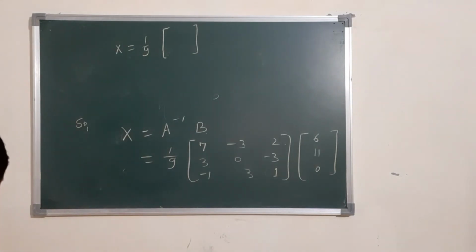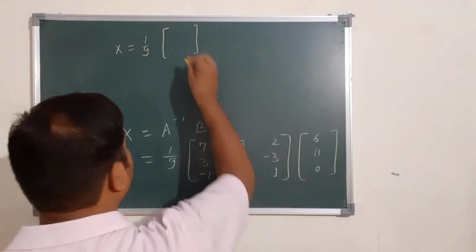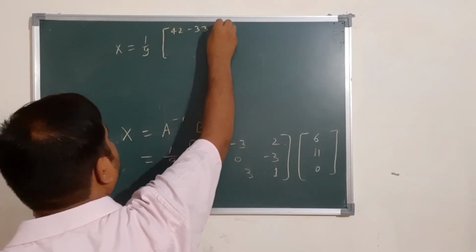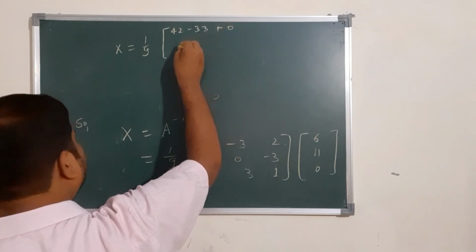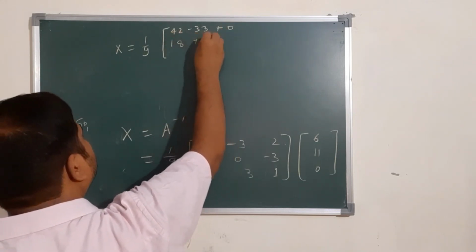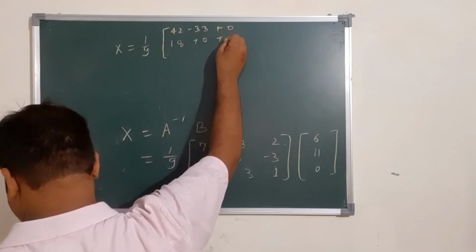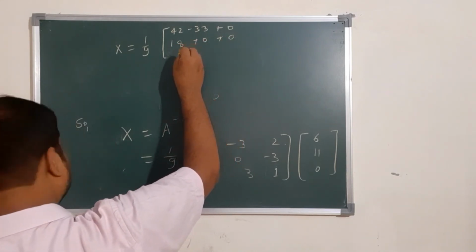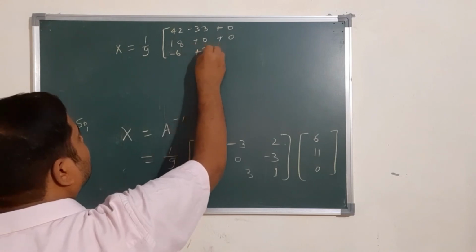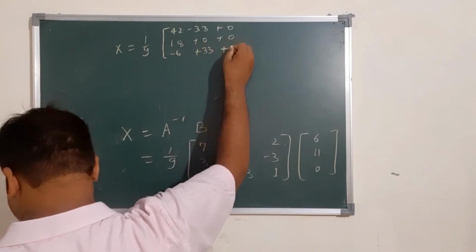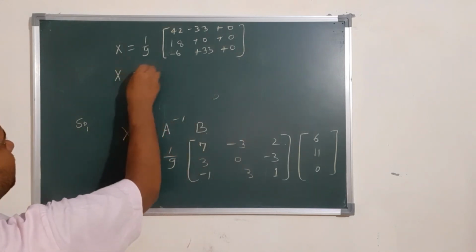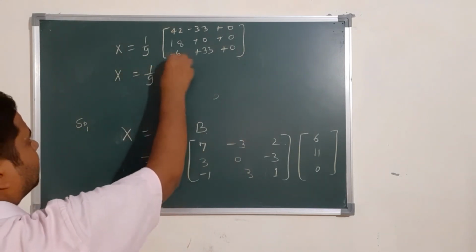So this is 42 minus 33, 18 plus 0 plus 0, minus 6 plus 33 plus 0, and this becomes X is equal to 1 upon 9.